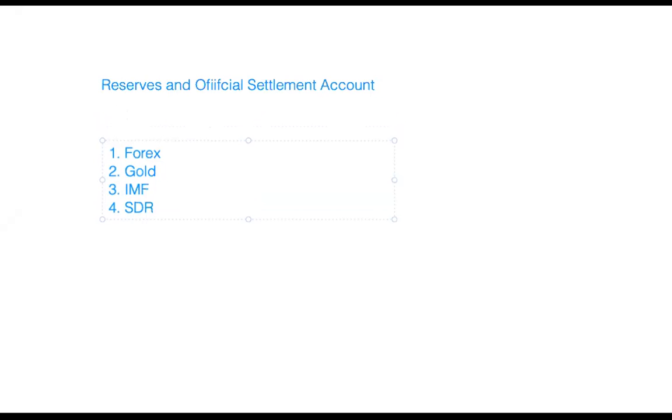Whenever I have inflow greater than outflow, which means you have more money flowing in than money flowing out, it will be added to your forex reserve, gold reserve, IMF or SDR, right? So this is the most liquid form of asset or reserves.